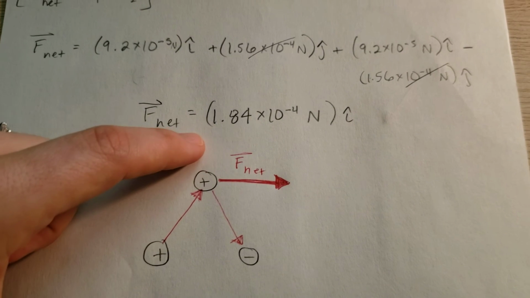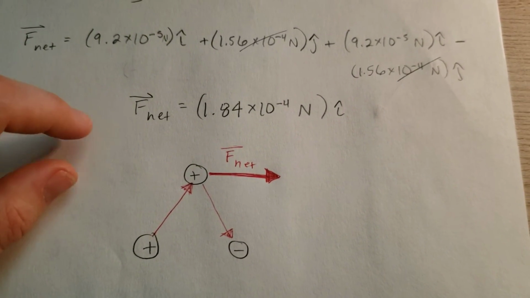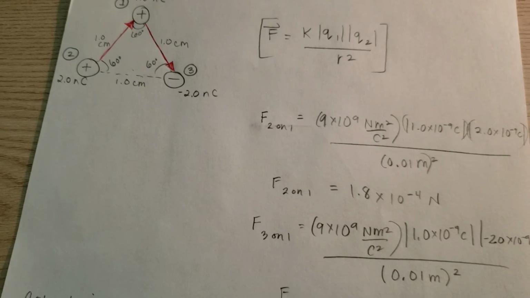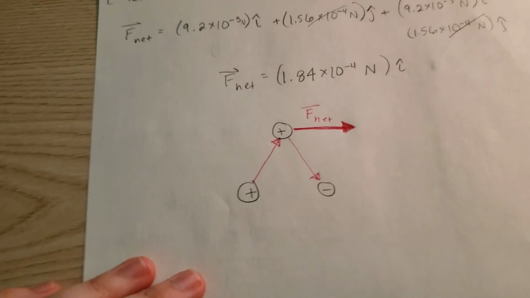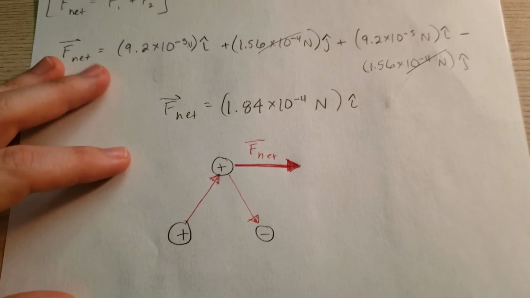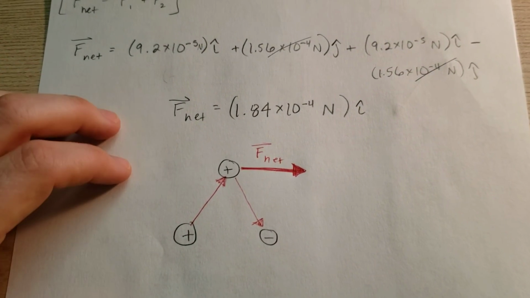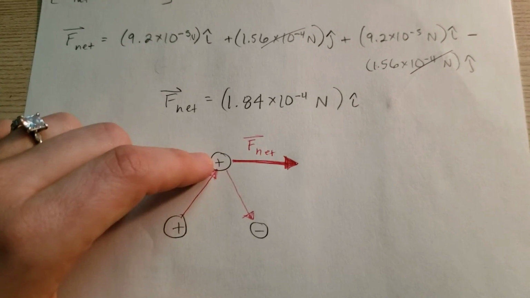So this might throw some people off, the fact that it's the same number as the forces we calculated for these two, but that's just this specific type of triangle, I think. But that wouldn't always be the case. So make sure that we always break it down into those components in order to find our total net force.